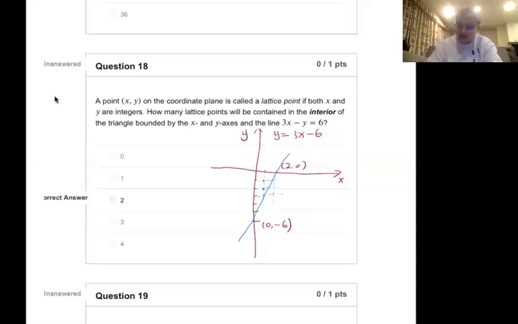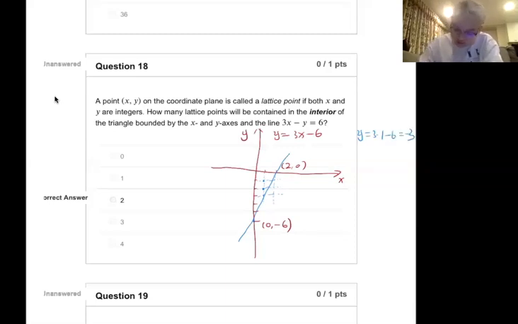And we can check this easily if we plug x equals 1 into the line function. So when x equals 1, y will be negative 3, right?